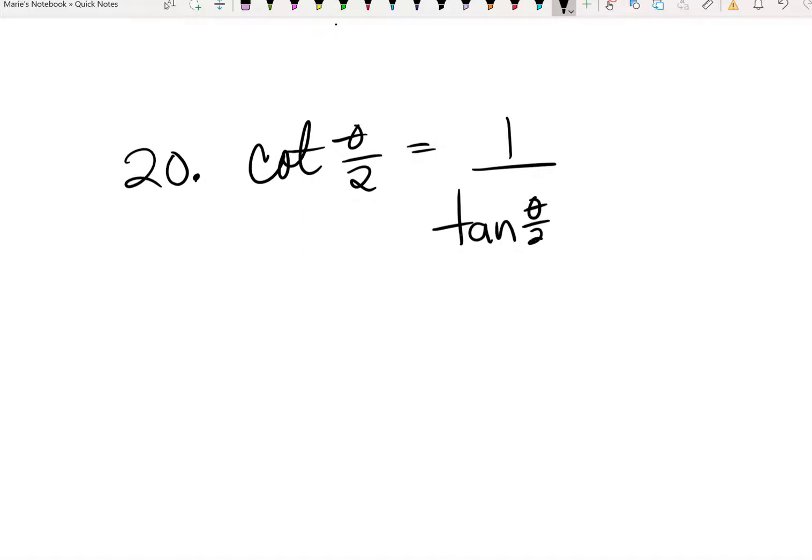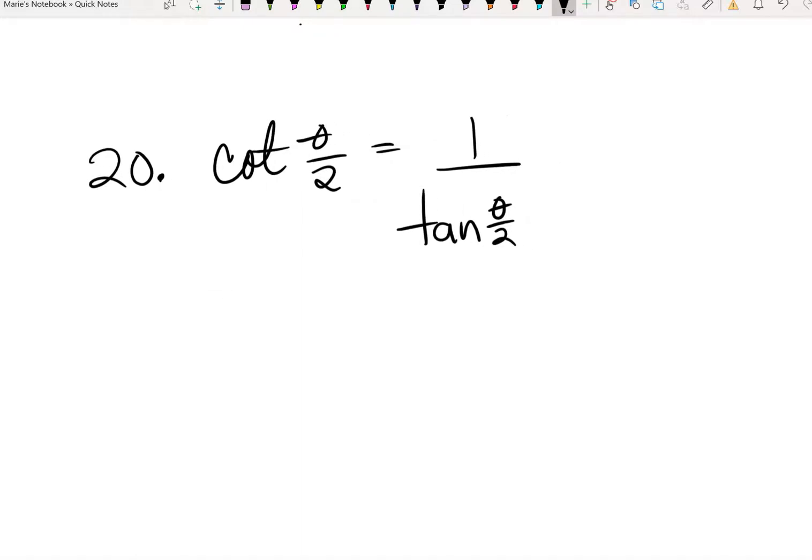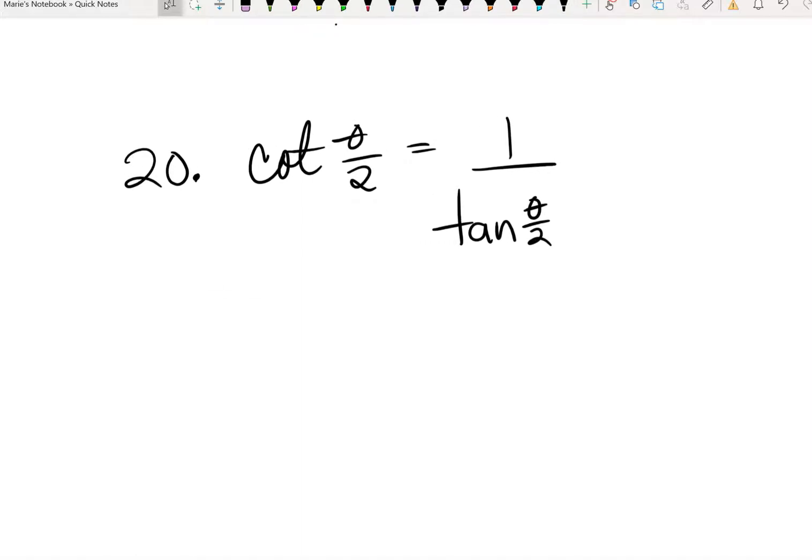We're looking at cotan theta over 2. And what we know about cotan theta over 2 is that it is the equivalent of 1 over tan theta over 2. By default, we also know that tan theta over 2 can be re-expressed using the trig identity where you have sine over cosine, right?